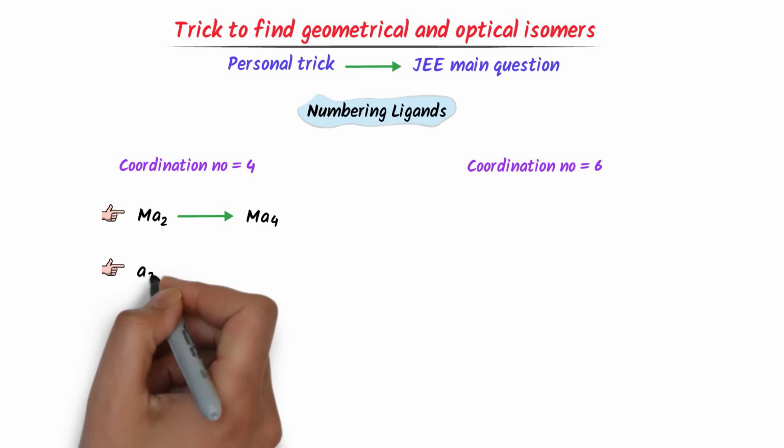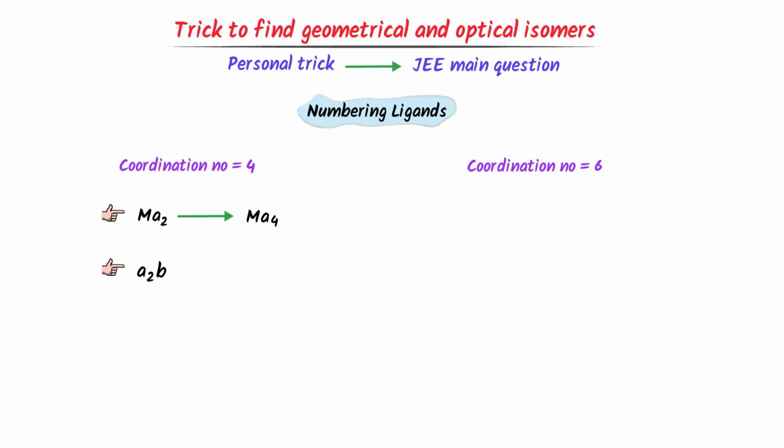Secondly, consider this example. Here there are 2 ligands of A and 1 ligand of B. It is incorrect. I write A2 and B2. Now it is the correct way of writing ligands because 2 plus 2 is equal to 4 and the coordination number is satisfied.